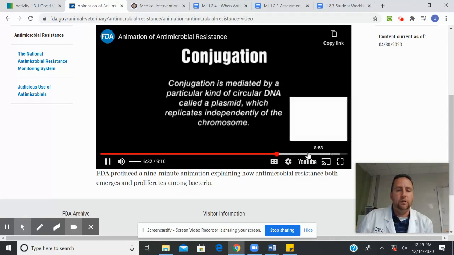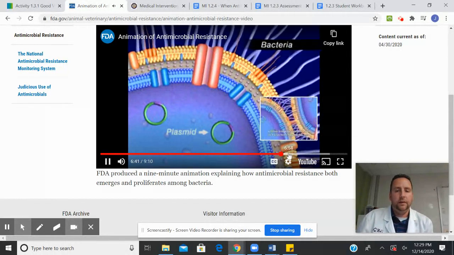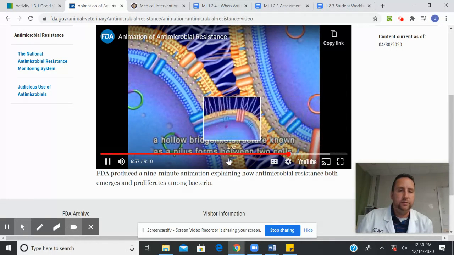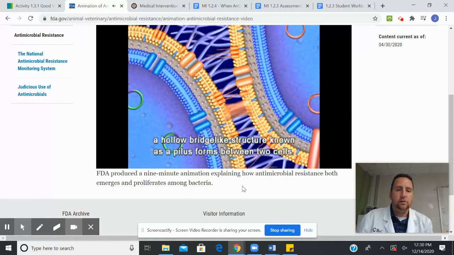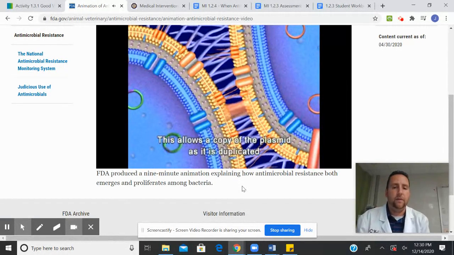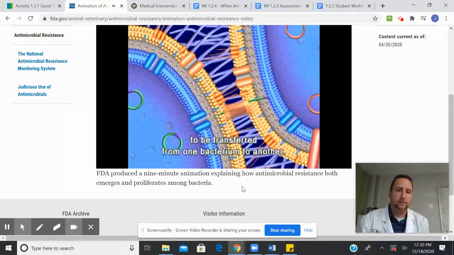Okay, and so here, if you look in the animation, we have bacterial cells. They have a plasmid. Well, they can generate a little bridge between the two, and that's called a pilus. And so that bridge allows a copy of the plasmid to get duplicated to then go to the next bacterium.